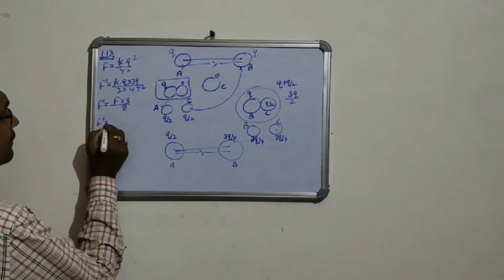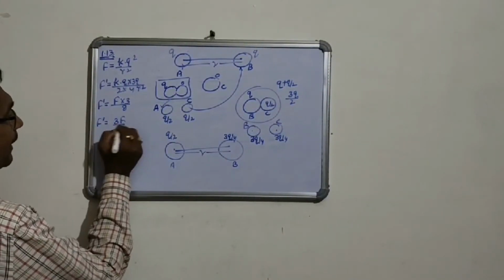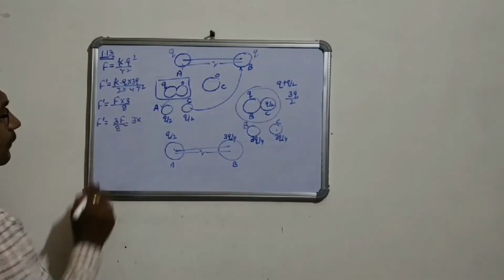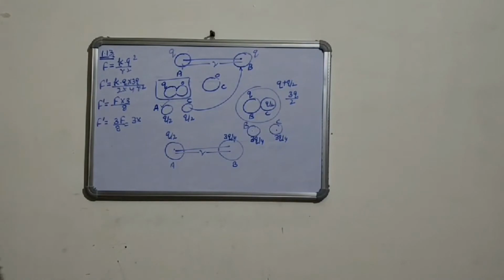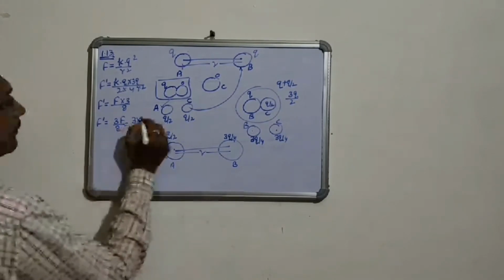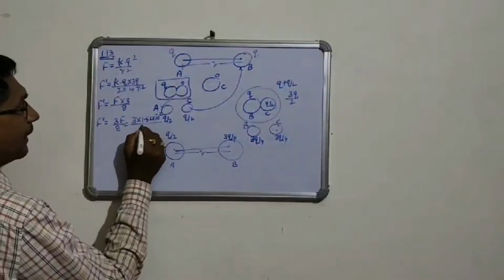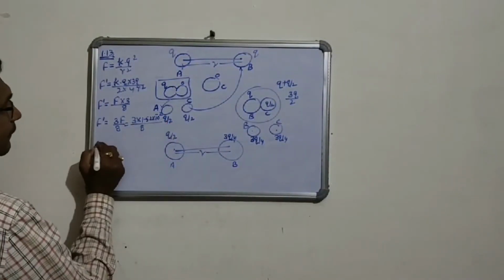So F dash equals 3F by 8. So 3 into the previous force. What is the previous force? 1.52, I think, yes. 1.52 into 10 to the power minus 2 by 8. And solving this, we get the answer.